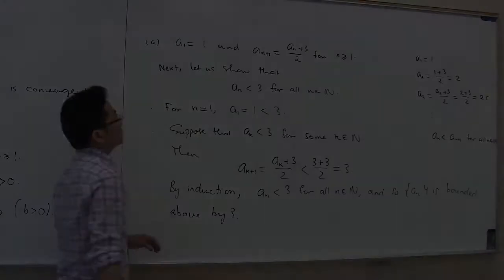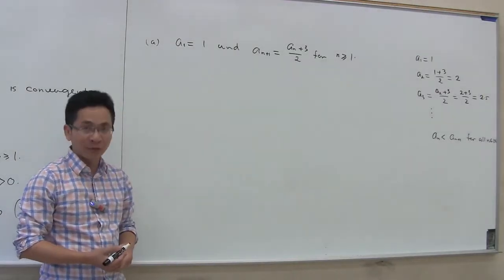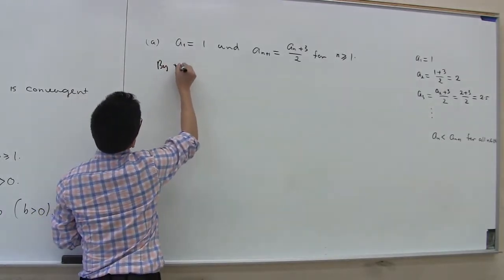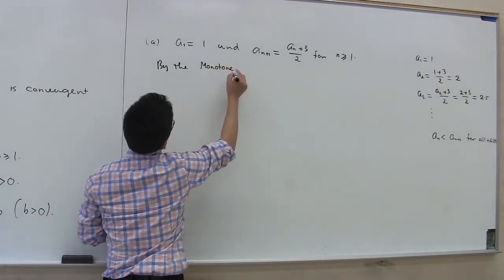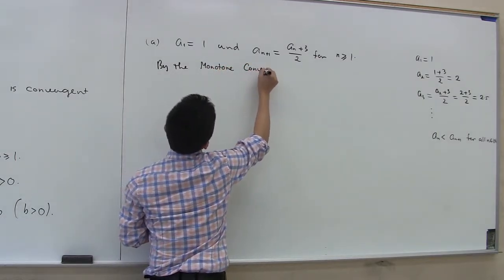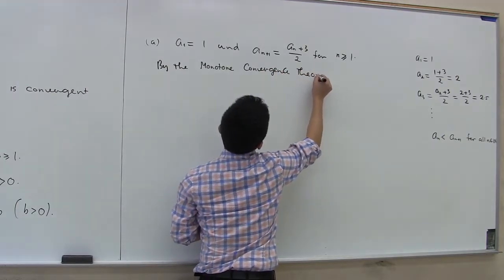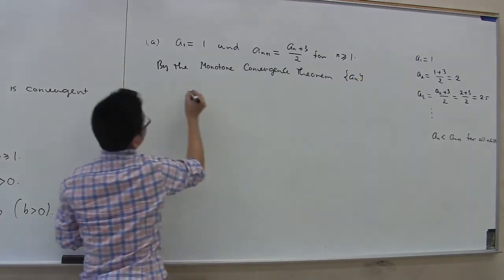We have proved that a_n is monotone increasing and bounded above by 3. So by the monotone convergence theorem, a_n is convergent.